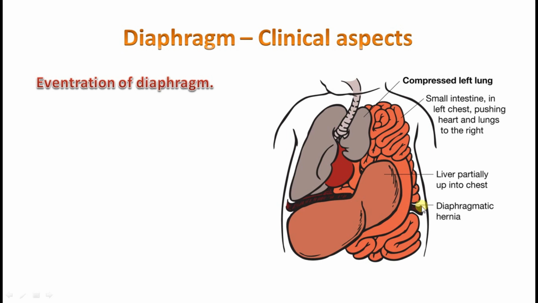It might be congenital, or sometimes acquired if the phrenic nerve of that respective side is damaged. Then naturally the diaphragm will not contract properly, and it might be at a higher level. The most common symptom is gasping, difficulty in breathing or short breaths. That is about the eventration of the diaphragm.